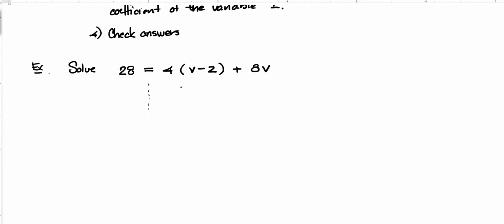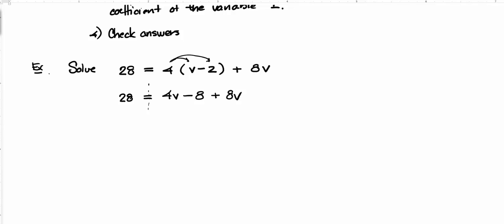So we need to clear our parentheses, and we see we have this 4 that needs to get distributed out, right? So we have 4 times v, so that gives me 4v. And then we have 4 times negative 2, that gives me a negative 8. Okay. Plus 8v. So that still stays. Right? So the only thing I did was I cleared my parentheses by distributing my 4. And I still have 28 equals, right? That didn't change at all.